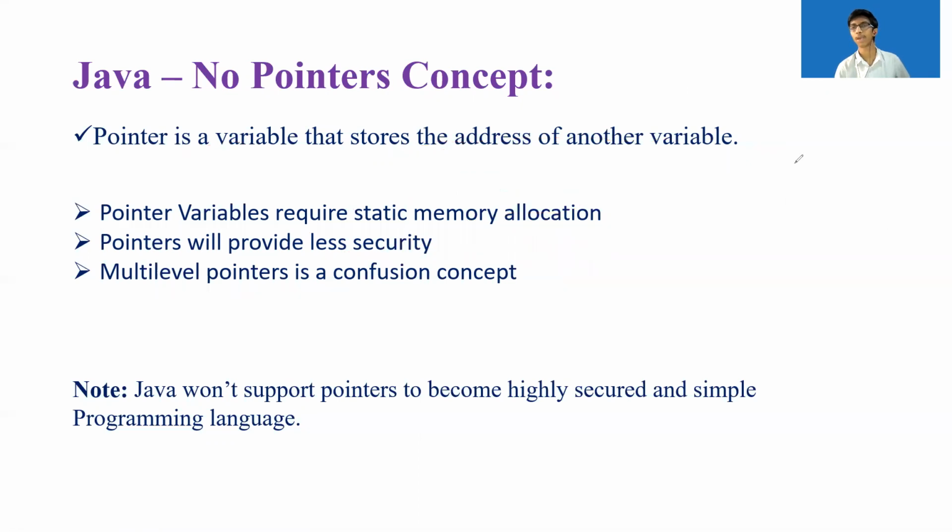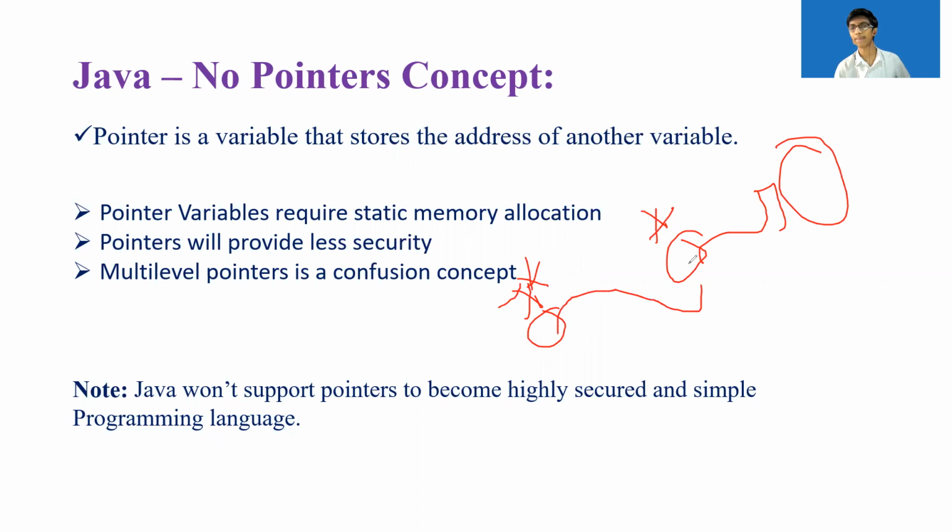Let me tell you, there's a memory over here and a pointer is referring to it. This is a single pointer, right? Similarly, a double pointer refers to the memory of another pointer. A triple pointer refers to the memory of a double pointer.